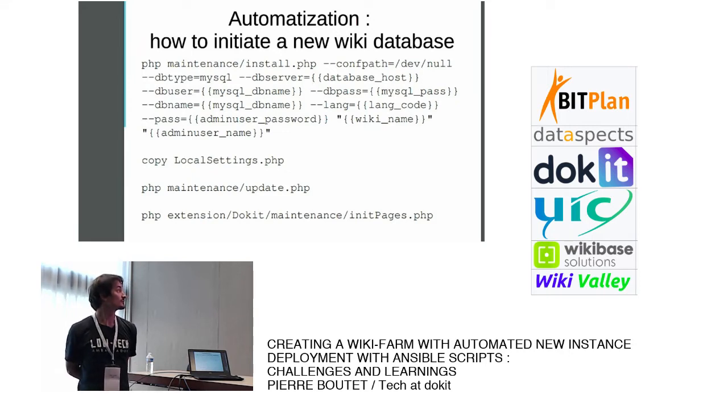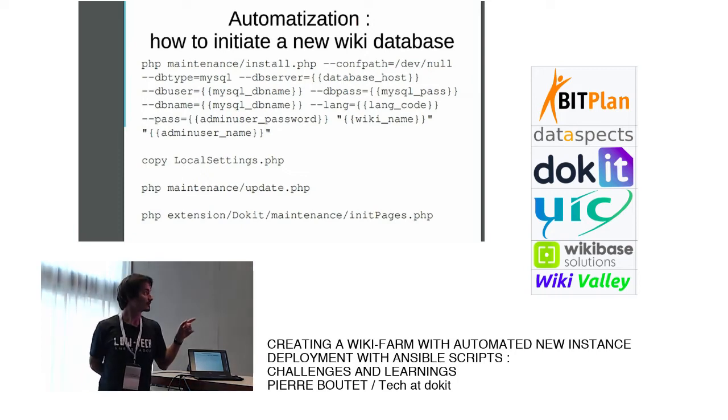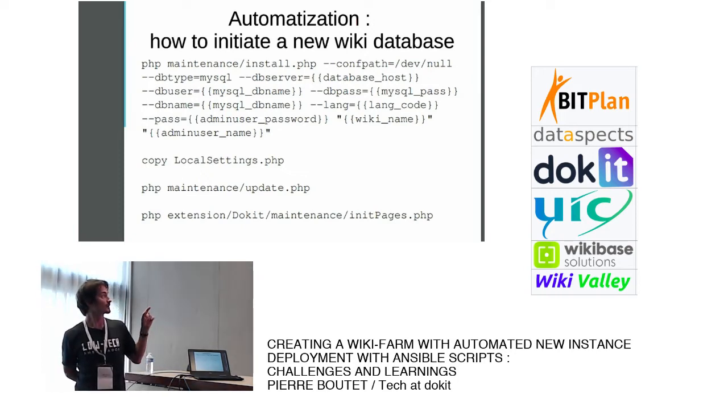And after that, we just have to create the LocalSettings file that we normally upload after the process. And in my case, what I add is to run again the PHP maintenance update script, which will install some extensions that were not in the previous step, but which will be added by the LocalSettings file.